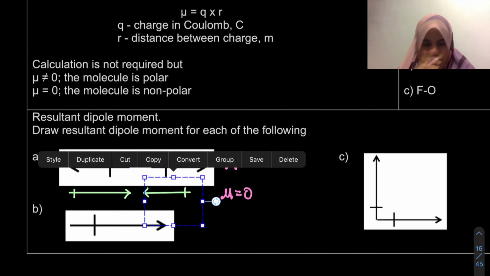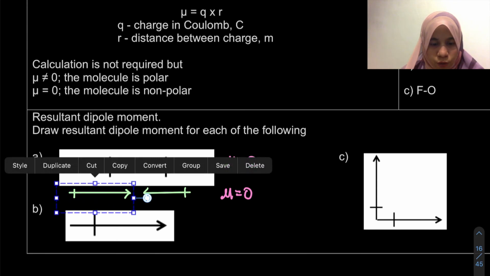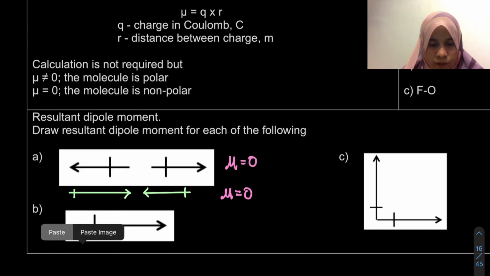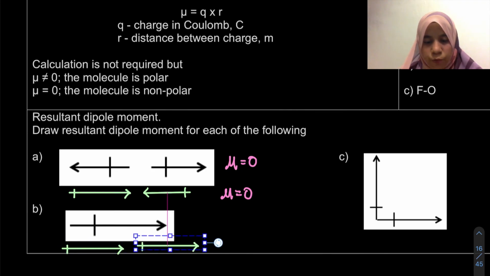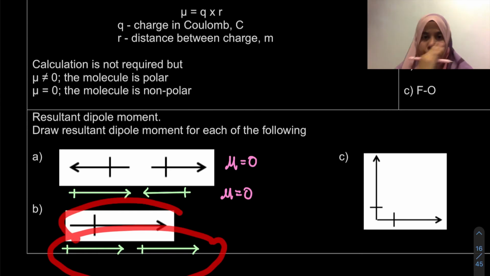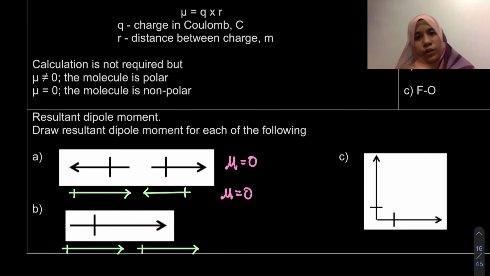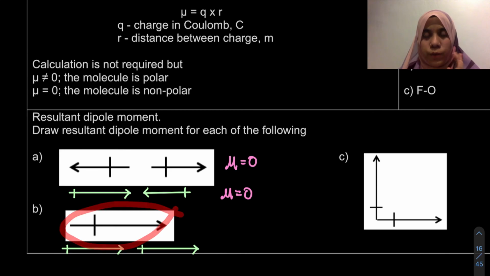Okay. So, contohnya kalau yang ni, example B ni, contoh kalau Miss buat, if I have these two dipole moment, so the resultant dipole moment will be this one. Sebab it's actually in the same direction kan, bukan the opposite direction. So yang ni, it will not be cancelled out.